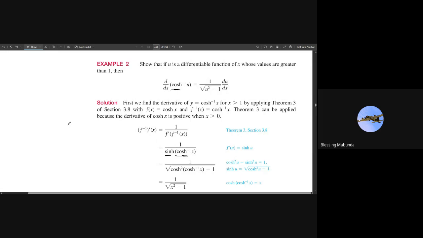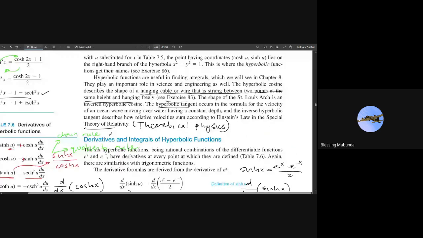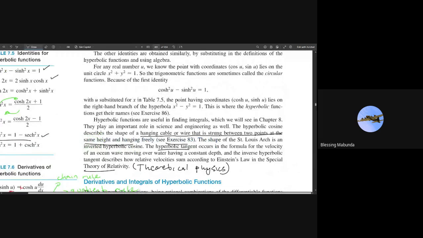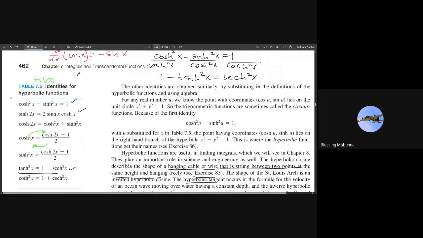So you can simply give sinh u some random variable. When you go back to the identities that we established before, you can see that sinh squared u is equal to cosh squared u minus 1.